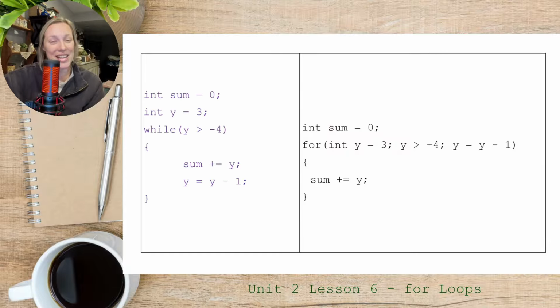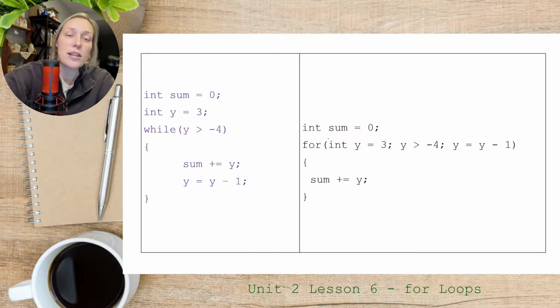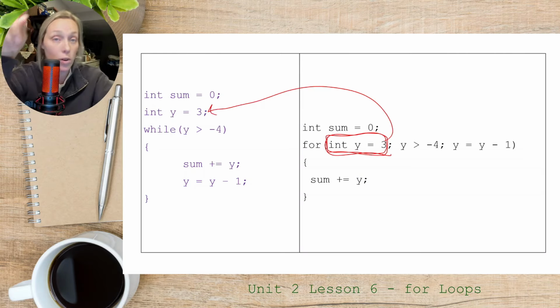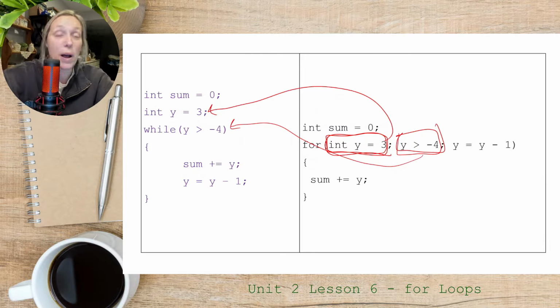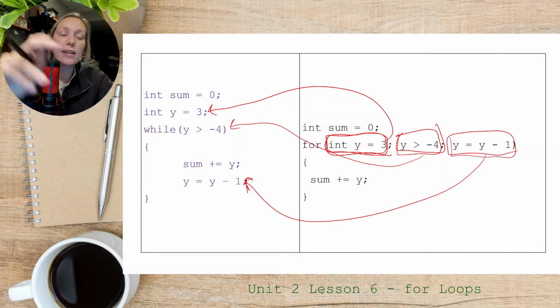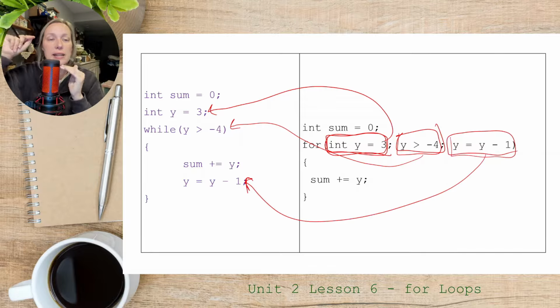Okay? Here's the answer. Okay, this initialization, excuse me, I keep saying condition. This initialization has to go before the while loop. The condition goes inside the while loop condition. And the update of a for loop has to be the very last line in the while loop in order for those two loops to be the same.